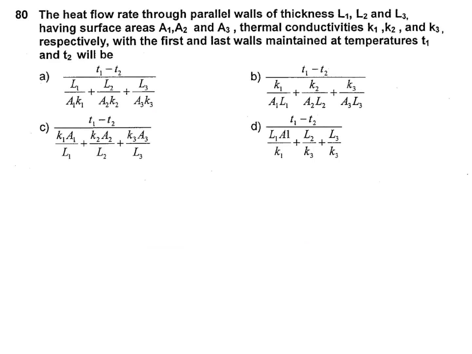Next question. The heat flow rate through parallel walls of thickness L1, L2 and L3 having surface areas A1, A2, A3 and thermal conductivity K1, K2 and K3 respectively, with the first and last walls maintained at temperature T1 and T2 will be how much? That's based on direct formula. Q equal to delta T by RTH.